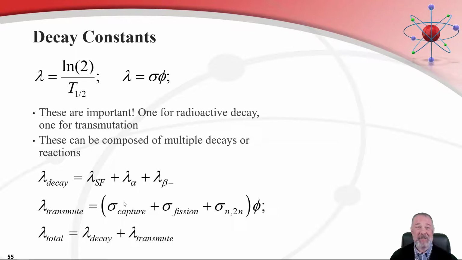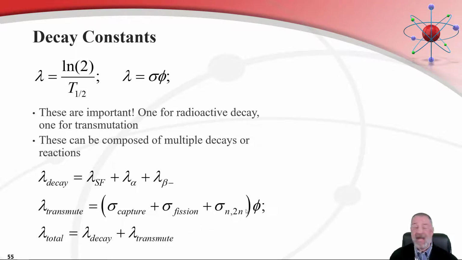It can do a bunch of things. In order of probability, the capture and the fission are most likely, and when we get to things like 1 neutron in and 2 neutrons out, the probability falls off really rapidly. So when we do simplified calculations, we kind of ignore those.